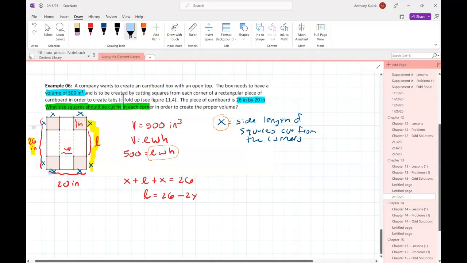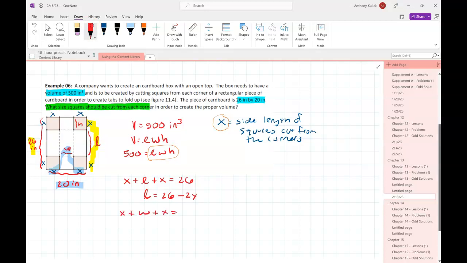Okay. What else could I do? I can relate width and x by saying, yeah, or just that w is 20 minus 2x.